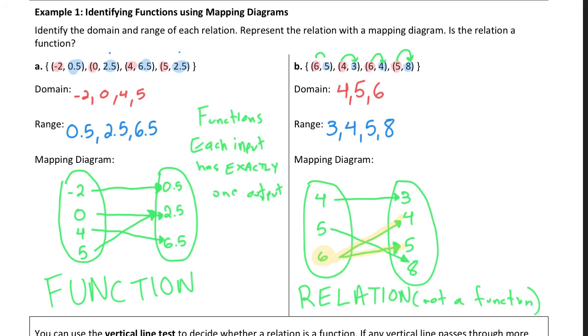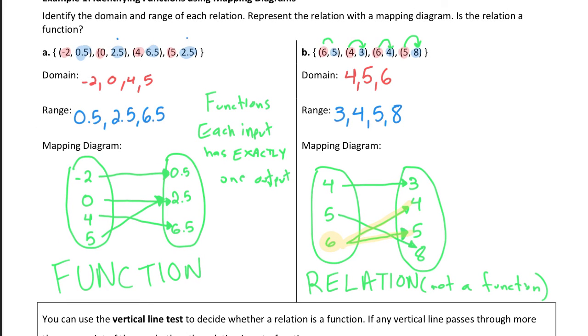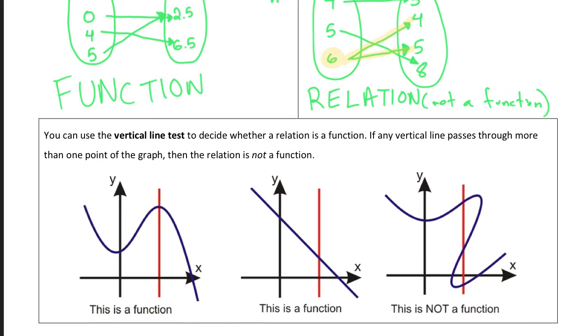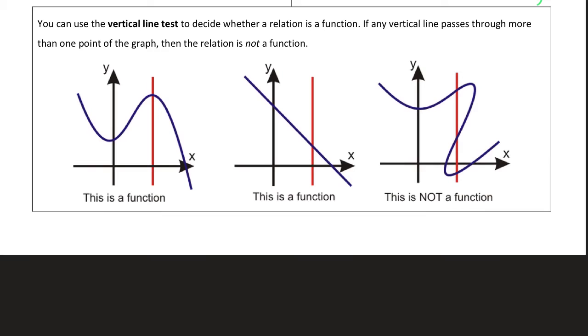So each input does not have exactly one output. That is why this is not a function. Okay, so domain and range, mapping diagrams. If a mapping diagram has 2 branches going from an input, it is not a function. So that's how we tell from a mapping diagram.